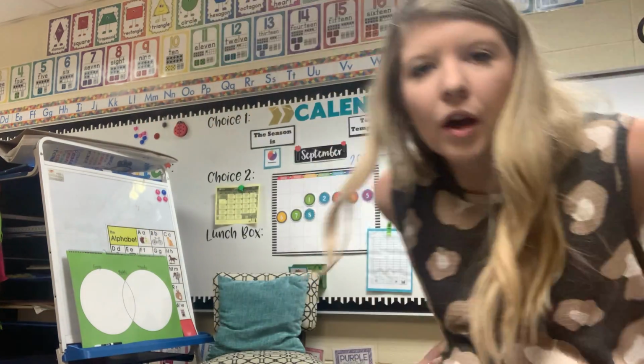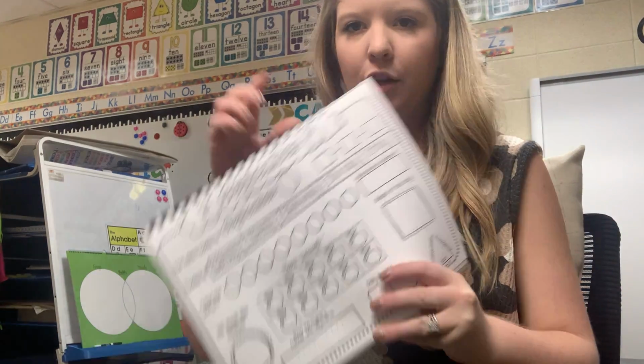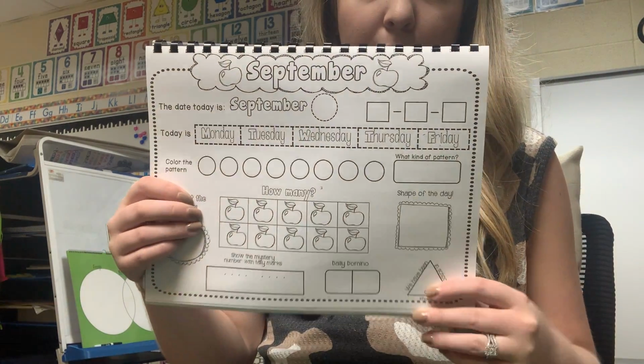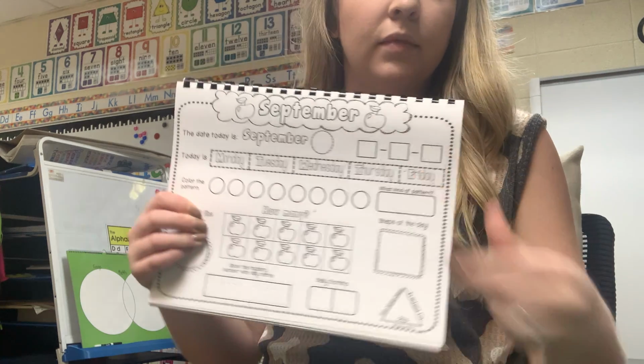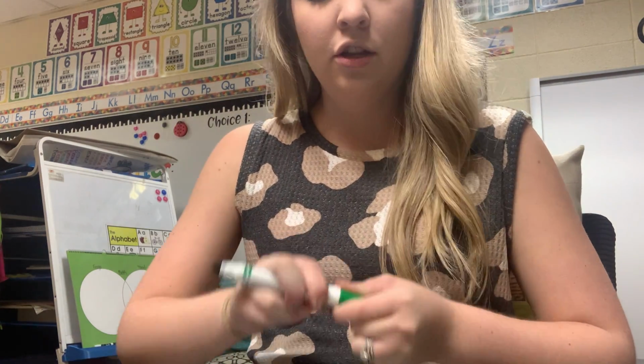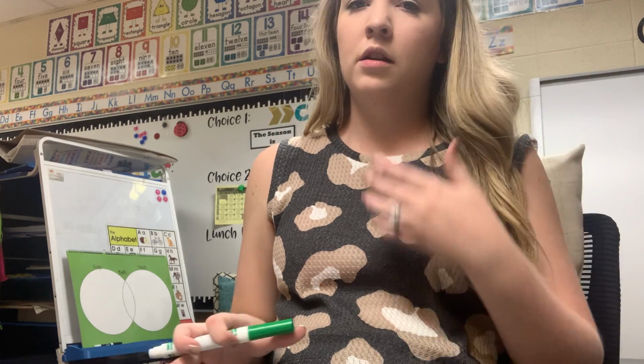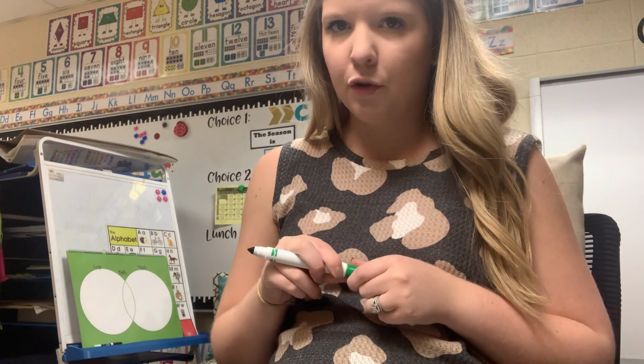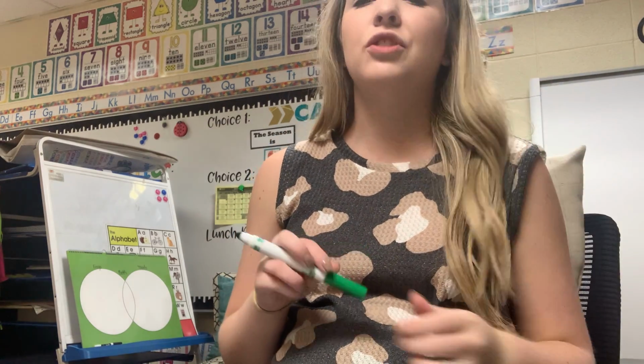All right. I hope you have your calendar notebook out to a clean page where you can write September at the top, and a crayon or a marker or a pencil, something to write with. So when we're doing our calendar, what's the first thing that I always ask you to do whenever you get your pencil or your marker or your crayon?